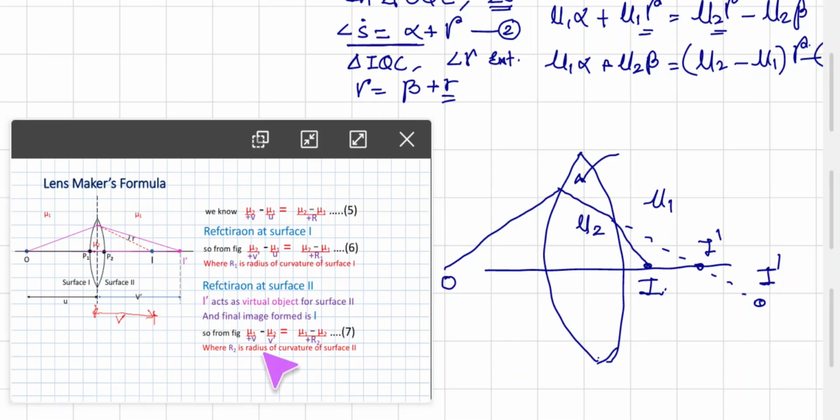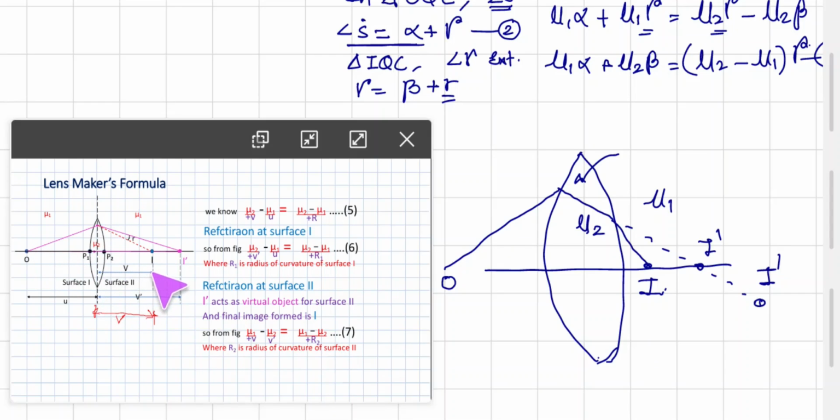So here you can see that we get the relation mu1 upon v, that means the actual image which we have got is in medium mu1, minus the original object, called a virtual object, which was in medium 2, so mu2 upon v dash, and that is equal to mu1 minus mu2 upon r2, where r2 is the radius of curvature of this surface.